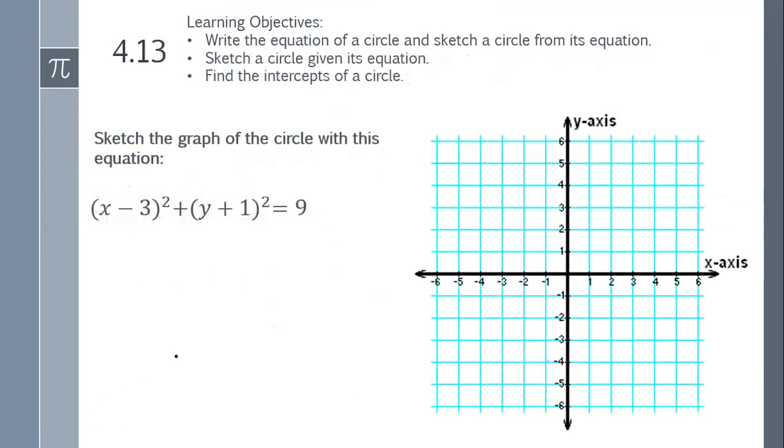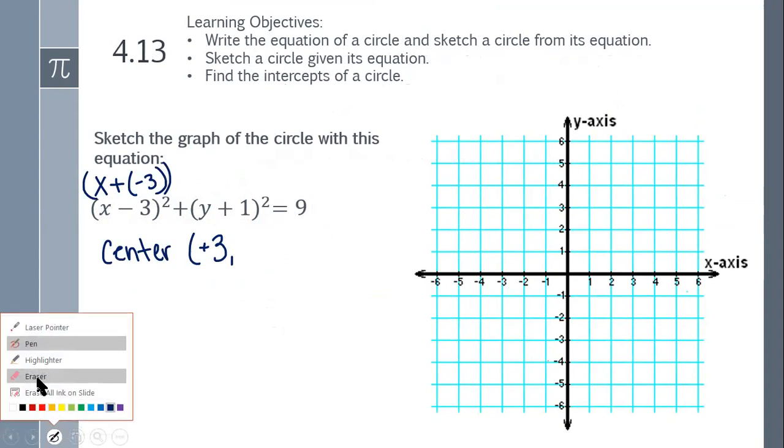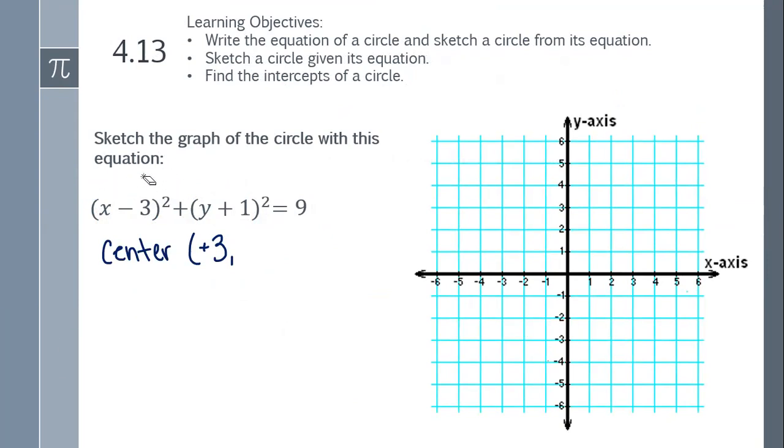All right, so sketching a graph, again, pretty simple. I have my center, (h, k). So again, this is x minus negative 3, so my center then would be negative 3, oops, positive 3. See, I did it on the wrong one. Yuck.